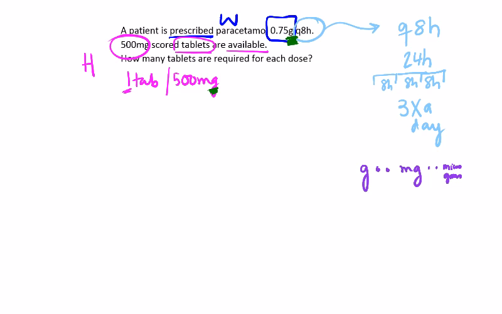So here, if we want to change that 0.75 grams into milligrams, we just have to multiply by 10, 100, 1000, or our point will go 1, 2, 3 decimal places to the right. So 0.75, we say 1, 2, 3 places to the right.